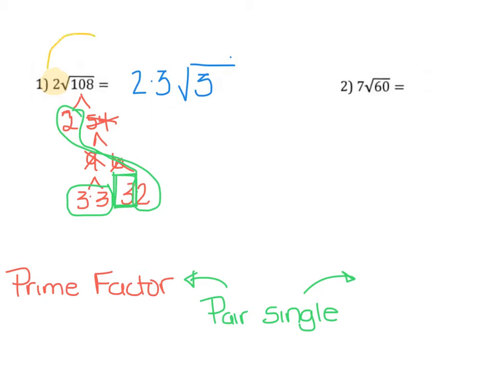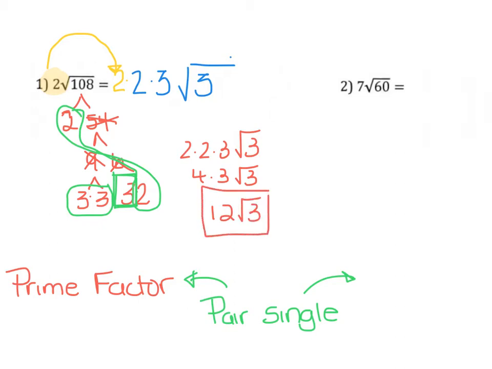This whole number 2 needs to also go in front of our whole numbers. So our final answer would be 2 times 2 times 3 square roots of 3. That would be 4 times 3 square roots of 3, which is 12 square roots of 3.